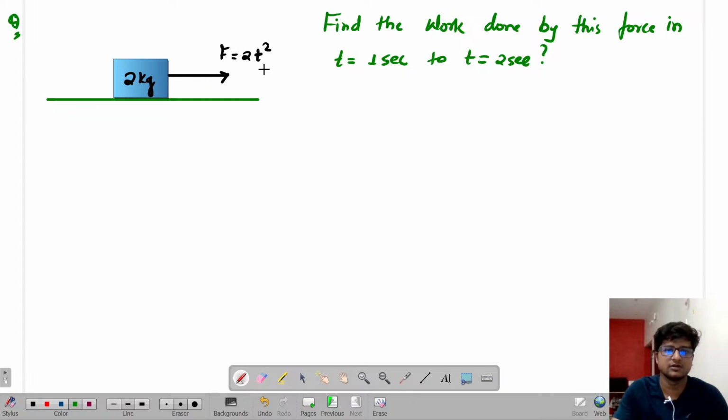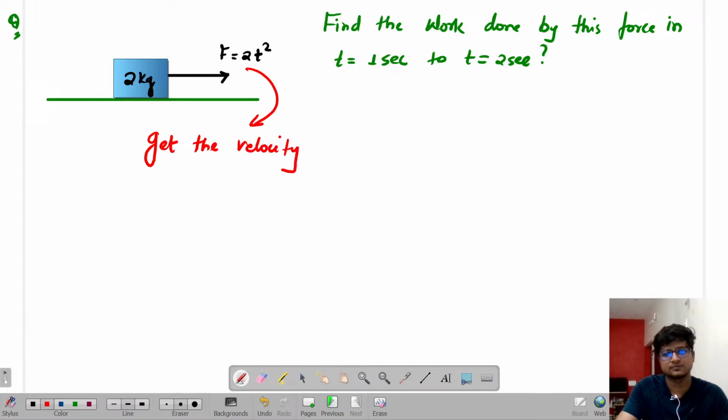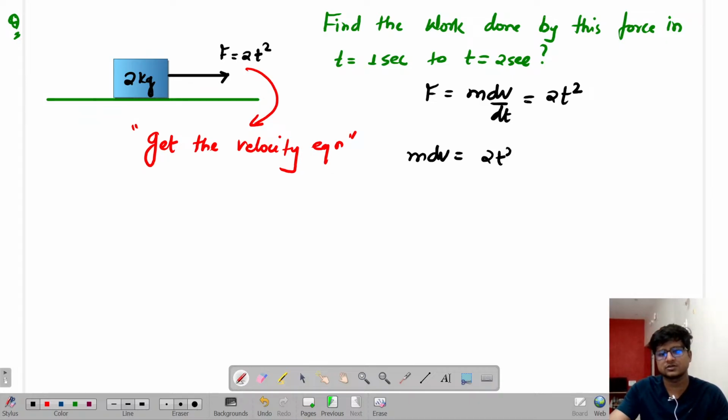Whenever you get some kind of time dependent force, you have to do only one thing. Simple idea, keep that in mind. From this time dependent force, get the velocity equation. What do we have to find from it? Velocity. Now how will it come? If F is written as m dv by dt, and this is 2t square, then put m dv is equal to 2t square dt, and then do the integration.